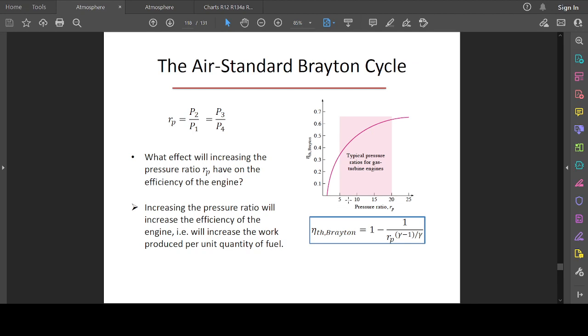As we can see, as the pressure ratio increases from 5 to 20, we see an increase in the thermal efficiency of the Air-Standard Brayton cycle. We can see the thermal efficiency rising from 35% up to about 63%.